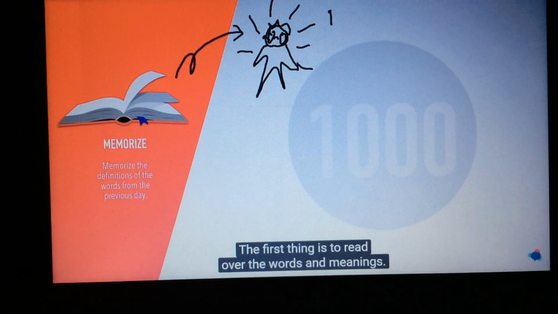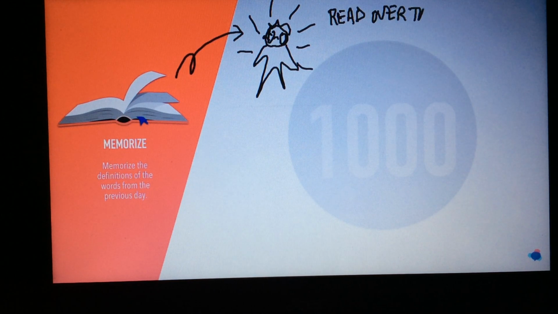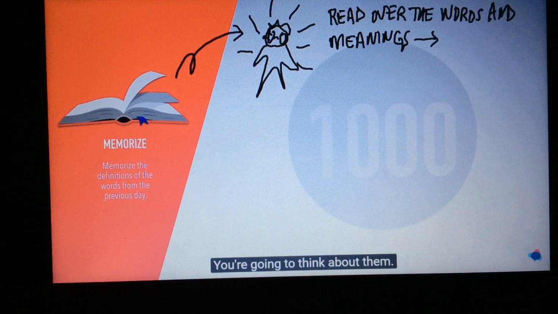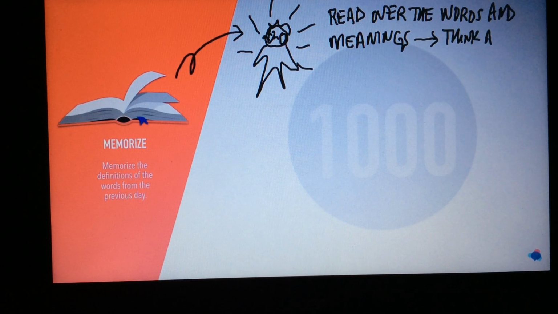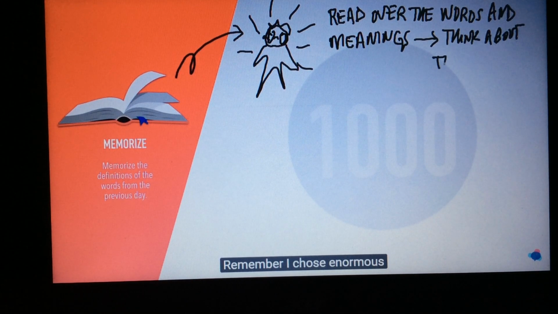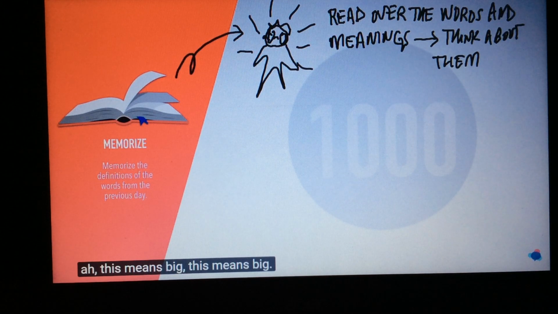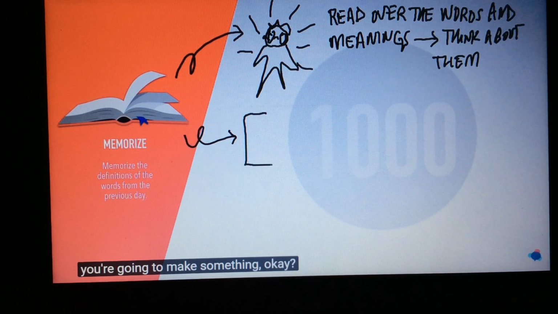The first thing is to read over the words and meanings. You're going to think about them. Okay, remember I chose enormous, so I'm going to look over the word enormous and realize, this means big. This means big.